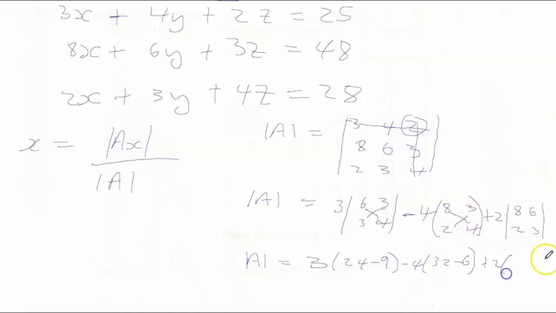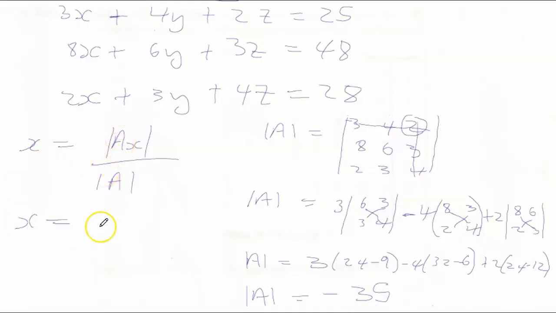Plus 2, cross multiply and subtract, we have 3 times 8, 24, minus 2 times 6, 12. If we enter all of this in our calculator, we'll get negative 35. So the determinant of A is negative 35.